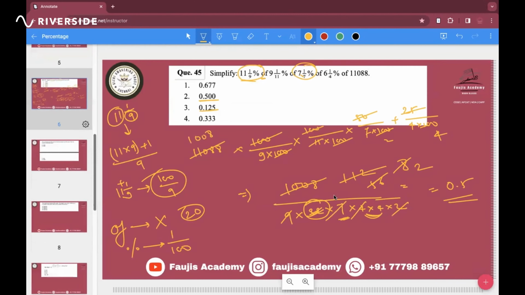If you had thought, okay, 9 into 7, 63, and over here 16, something like that is coming, so you would have simply cut this one out. Not so many strikes, right?